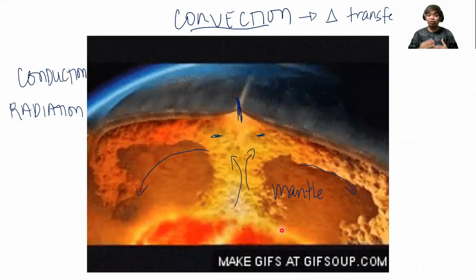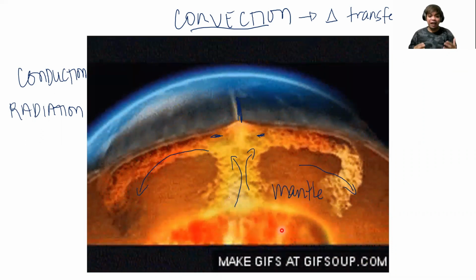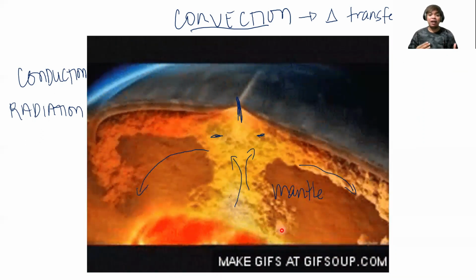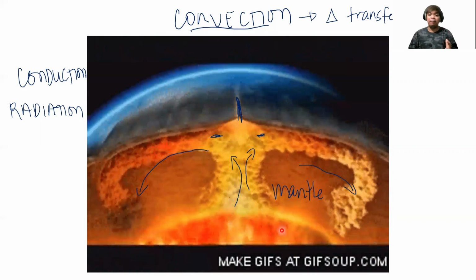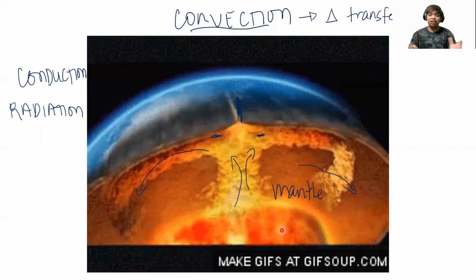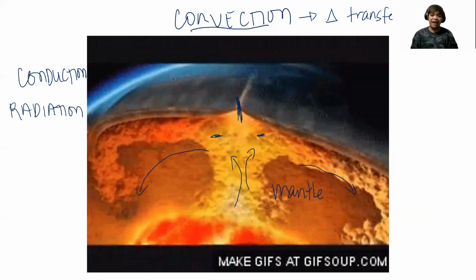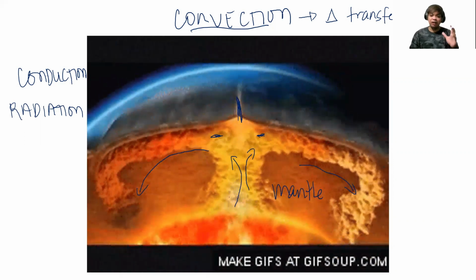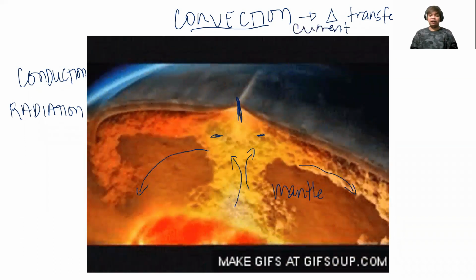That is one of the major reasons why the Earth's plates are actually moving. It's because of the convection of the materials that is happening in the mantle. So that movement of materials is known as the convection current because it's happening in a liquid-like material. So we call it convection current.